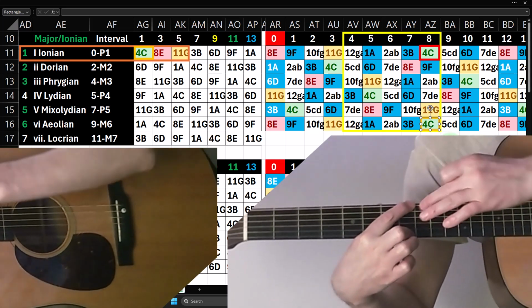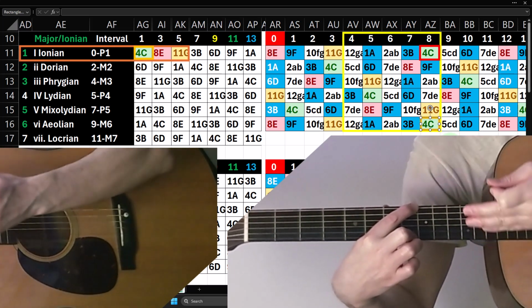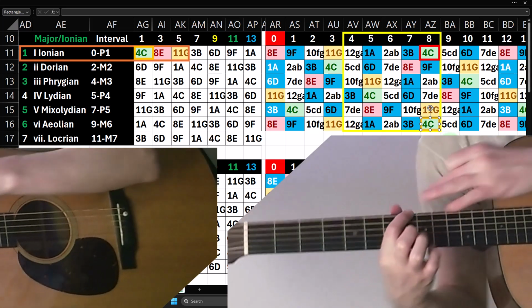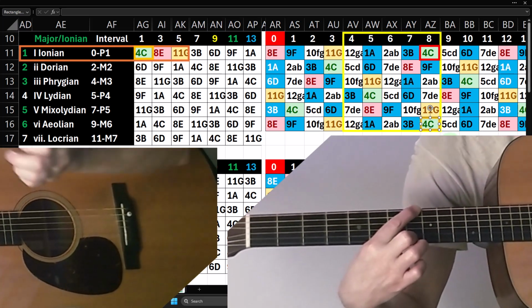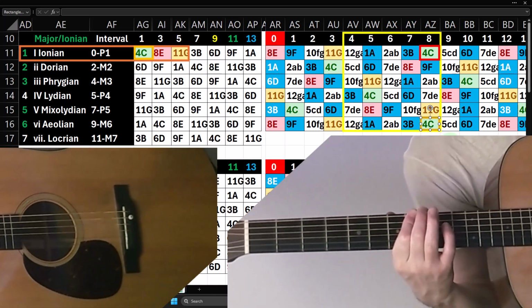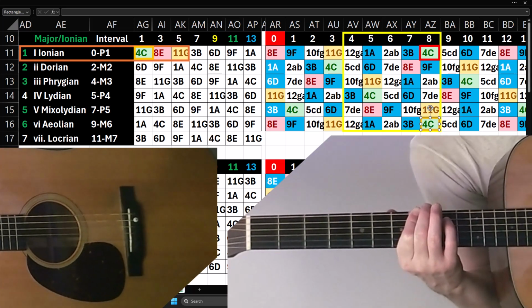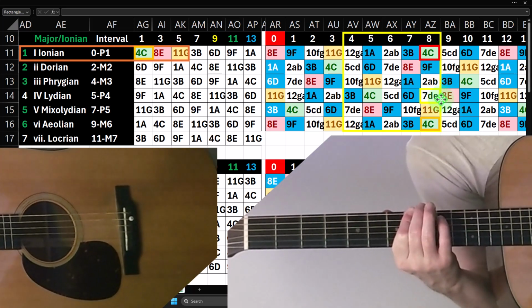And we know that these 2 strings are both tuned to the same note, to E. Therefore, if there's a C here, it's going to be a C here. But I can also count that out and say that's going to be the octave. Why? Because if I count it out, we're going to say this is going to be 5, 10, 15.